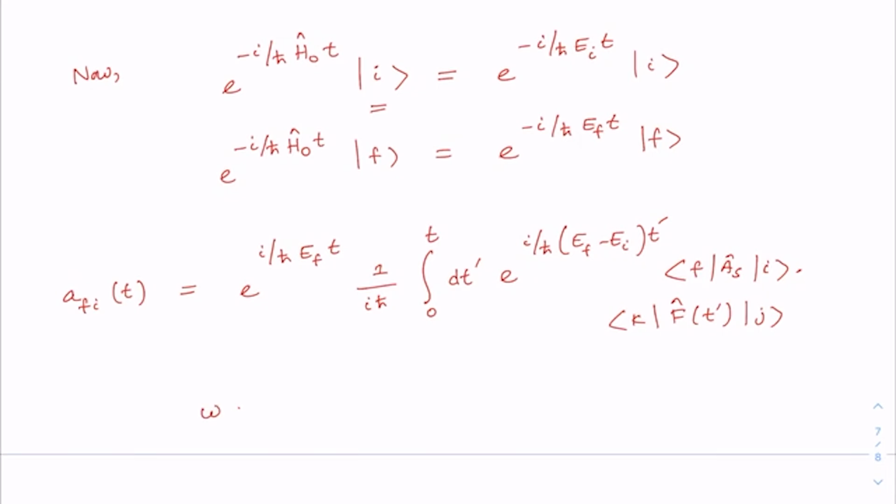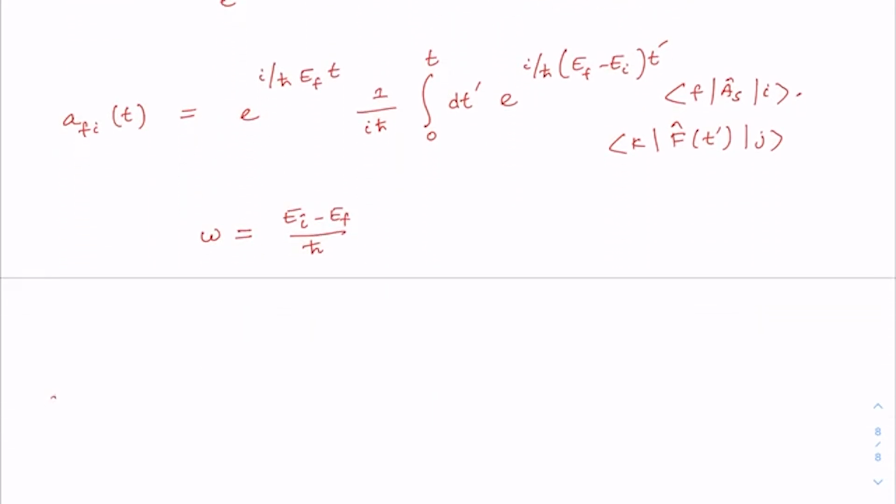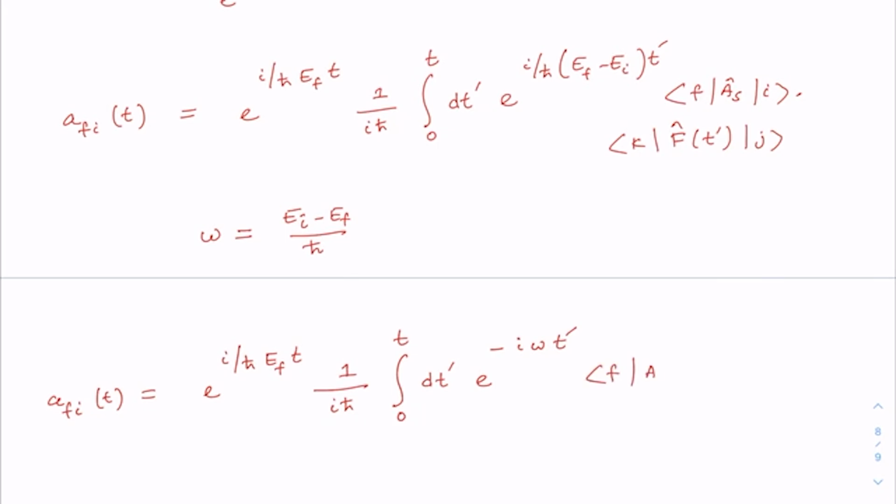If we now define omega as (E_i minus E_f) by h cross, then we can write the amplitude A_fi as e to the power i by h cross E_f t, 1 by i h cross, integration 0 to t dt dash, e to the power minus i omega t dash, <f|V|i>, and we have <k|F(t dash)|j>.